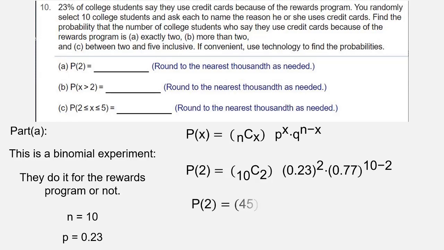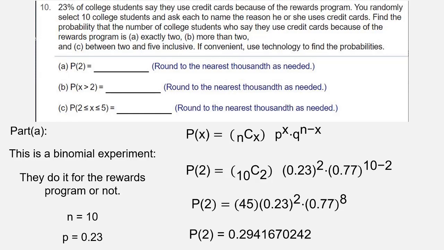We simplify that power, so it's going to be 0.77 to the 8th now. 10C2 is 45, and when we multiply this all out, we get 0.2941670242. Rounded to the nearest thousandth is 0.294. So if we were just using the formula, that's how it would look.